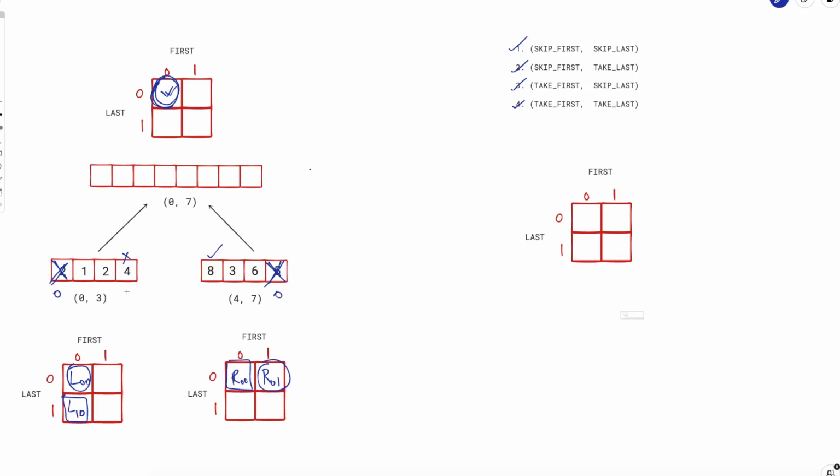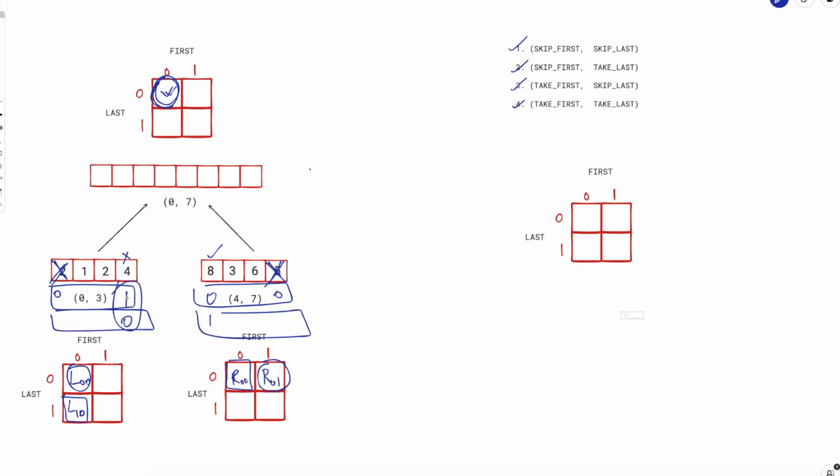Now either I want this or I don't want this, and if I want this, I'm sure that I don't want this, and if I don't want this, I'm sure that I can afford this. So you can simply take L01 with R00 and L00 with R10, exactly what we discussed, and this part you can simply do with a for loop.